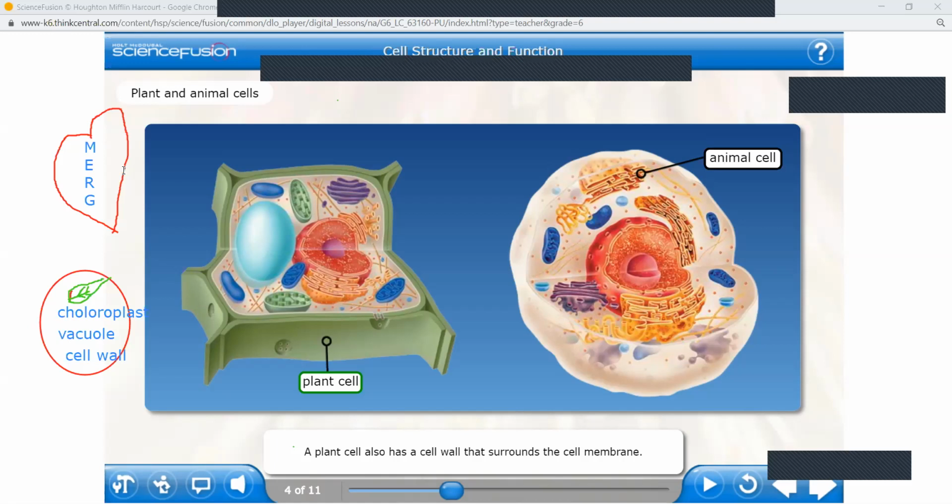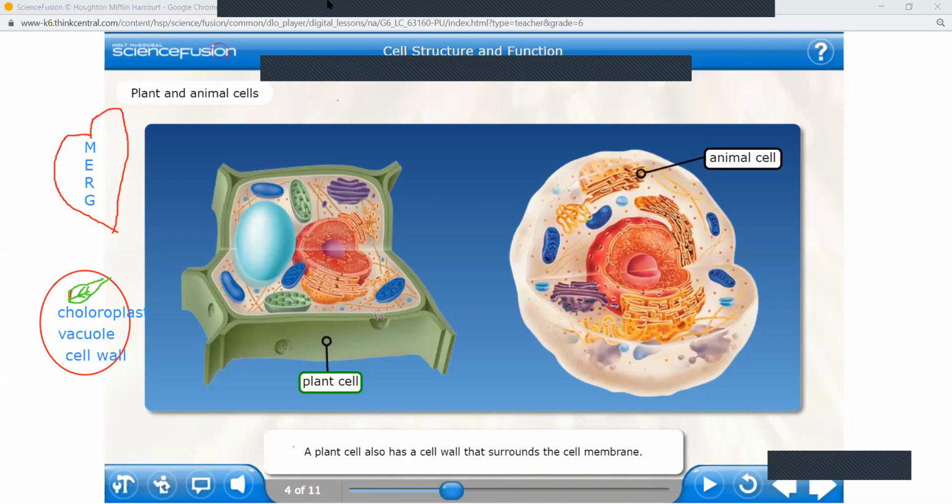Okay, Wati, your chance now. In the circle shape, there's chloroplast and the vacuole and the cell wall, because this is a plant cell. But in the heart figure, there is MERG.